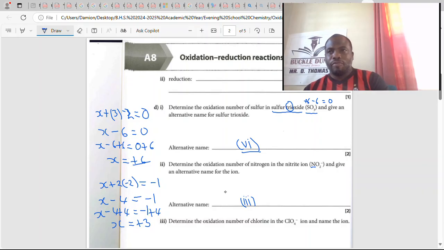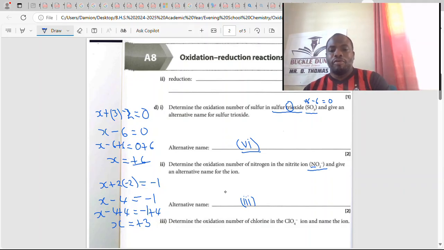But sometimes we refer to both of them by saying the nitrate, right? So this is the nitrite, right? But we can call it nitrate 3.